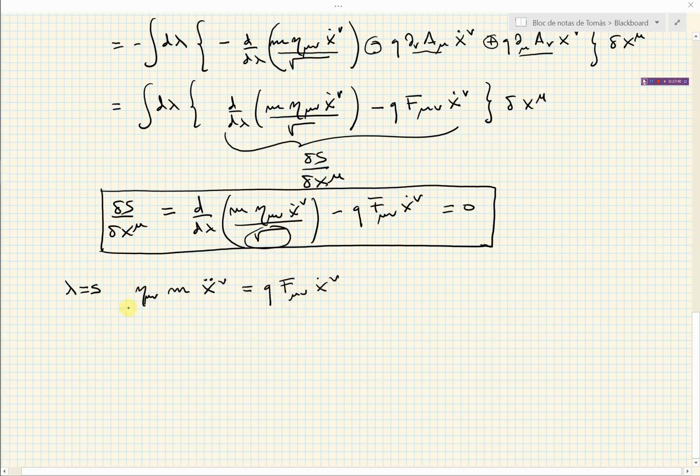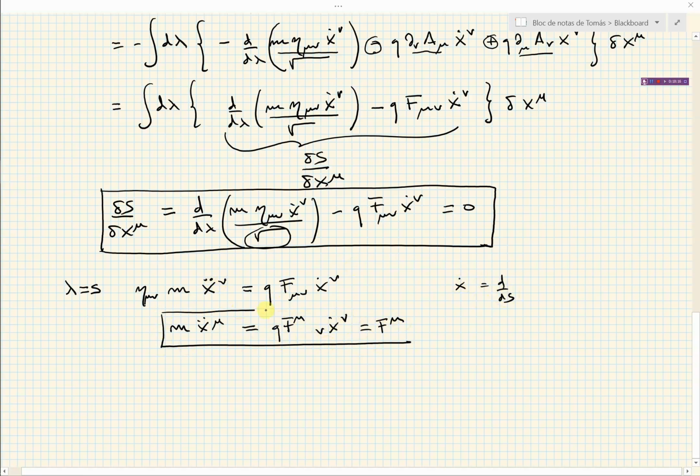We can remove this eta from this side by multiplying by the inverse, so raising this index up, and we get m x double dot x mu. Now the dot indicates derivative with respect to s. So this is q f mu nu x dot nu, and this is the relativistic force that a charged particle feels when it is coupled to the electromagnetic field.